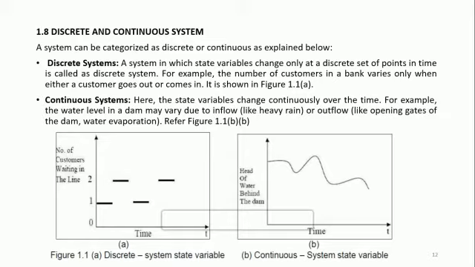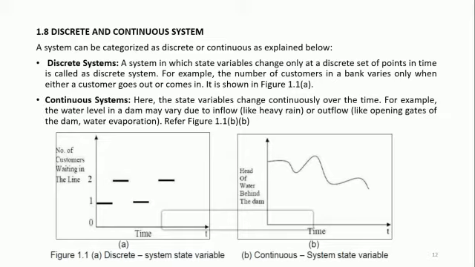For example, the number of customers in a bank varies only when either a customer goes out or comes. It means that here, if there is no customer coming and going out, the system state will not change, it will be stable. So this is a discrete system because it will take some time without changing, and it will change after some time.